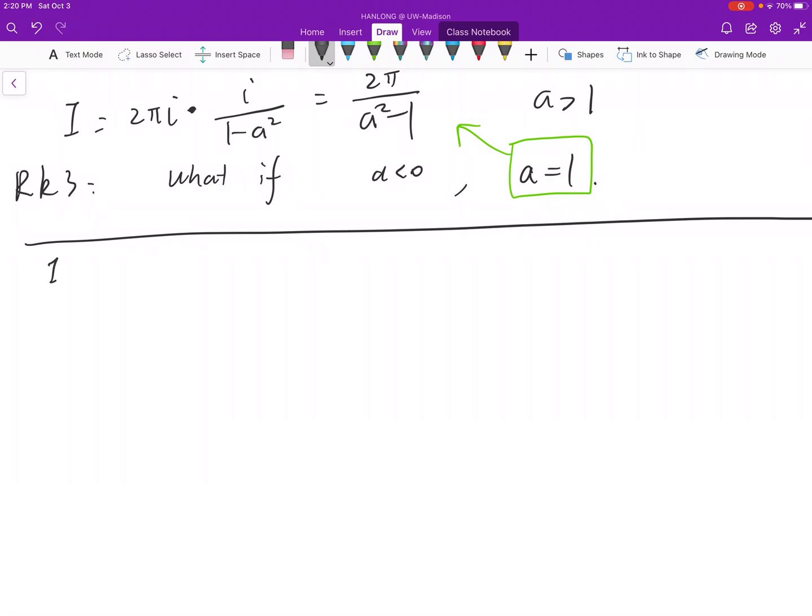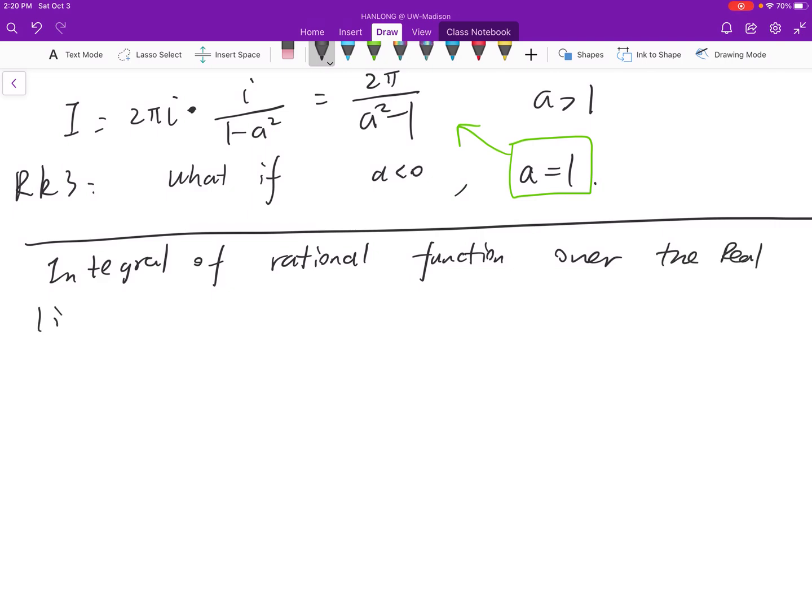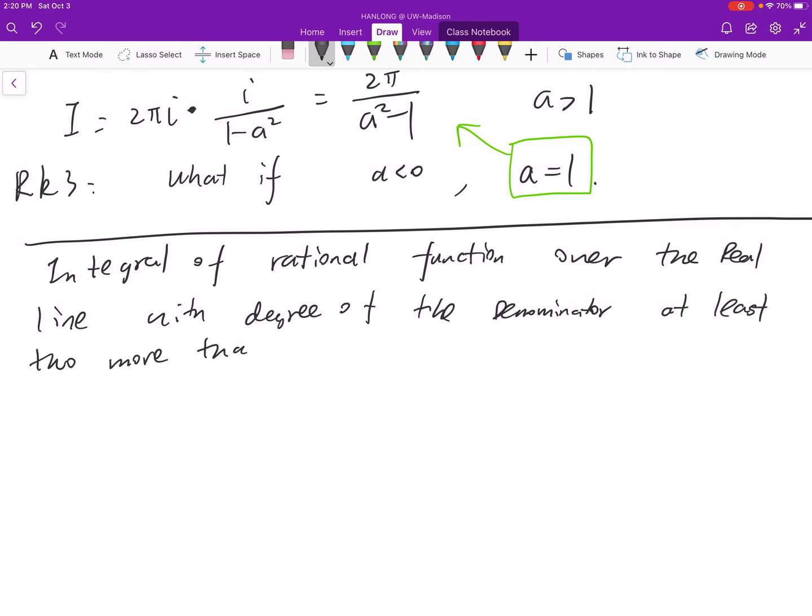Next, we discuss the integral of rational functions over the real line with the degree of the denominator at least 2 more than that of the numerator.